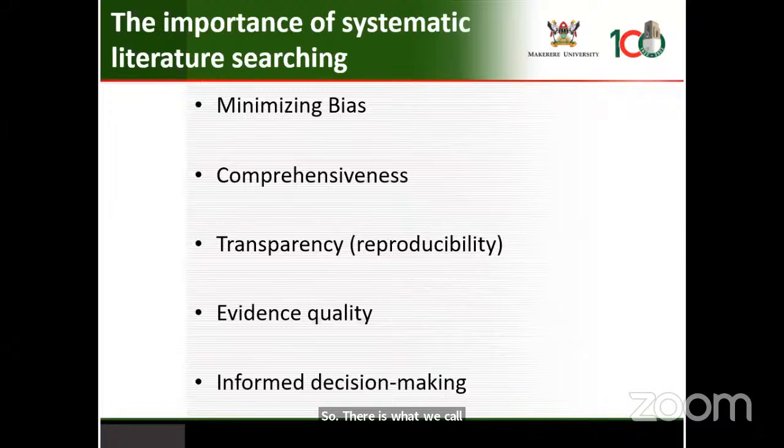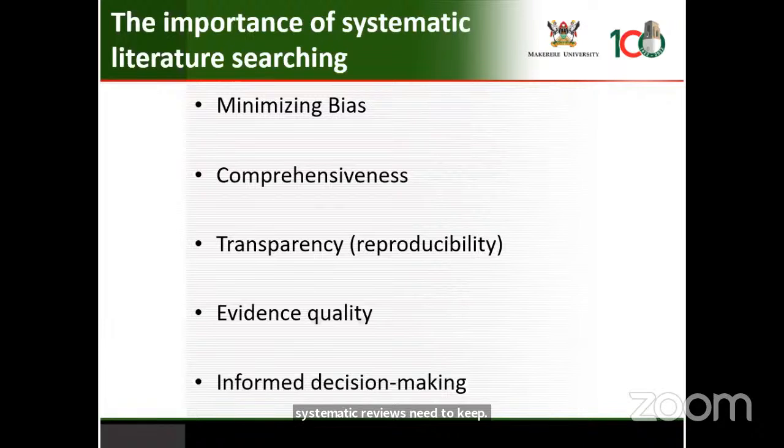Later on, when you do a systematic review and you search for literature, you start at the protocol development, identifying the literature that is out there to help you develop your protocol. Later on, you do the comprehensive literature search for the systematic review. And as you will know, systematic reviews need to be updated regularly.